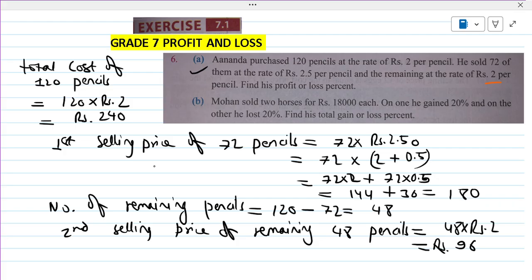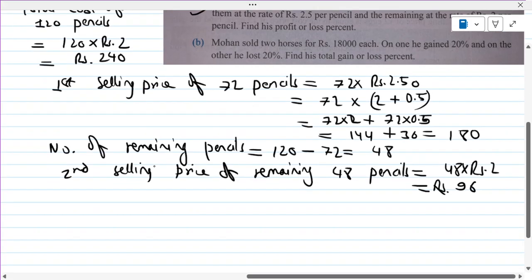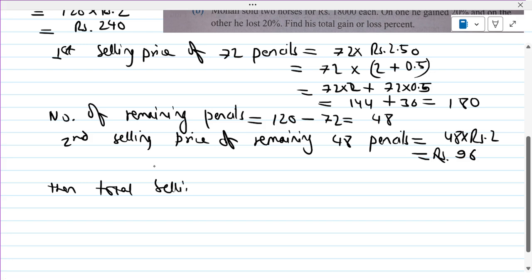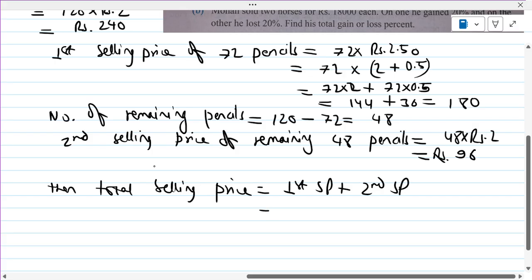And after finding these two selling prices, let's go for finding the total selling price. Then total selling price is equal to first selling price, first SP, plus second SP. First SP is of the first 72 pencils, and second SP is the selling price of the remaining 48 pencils. So we get them together.